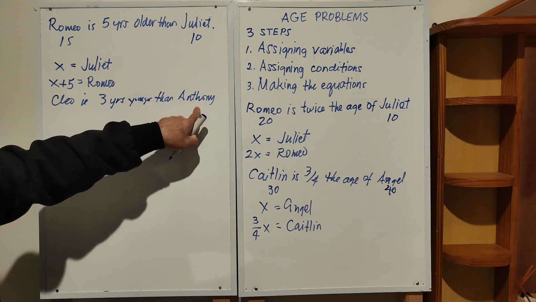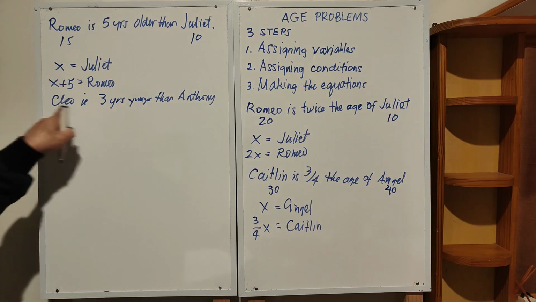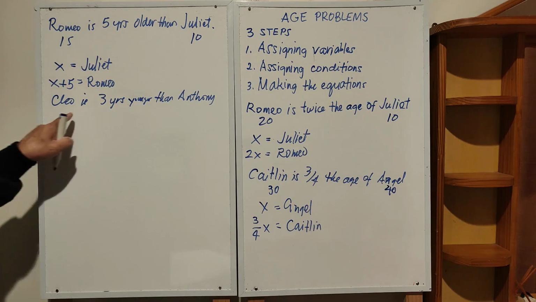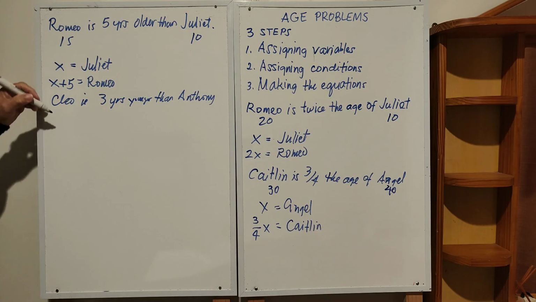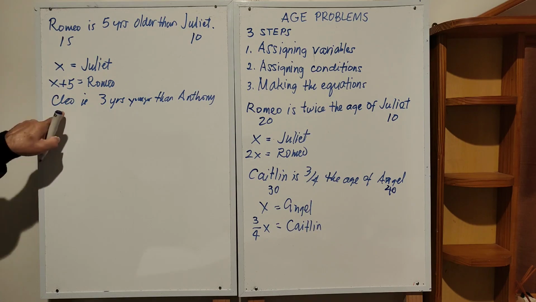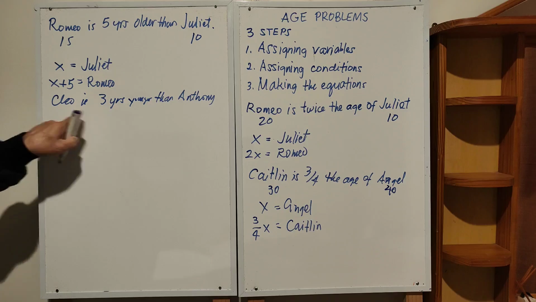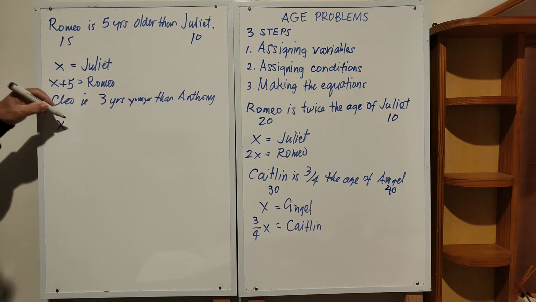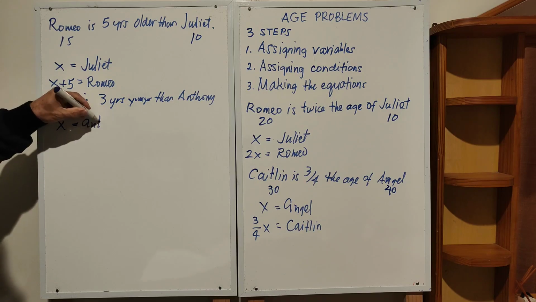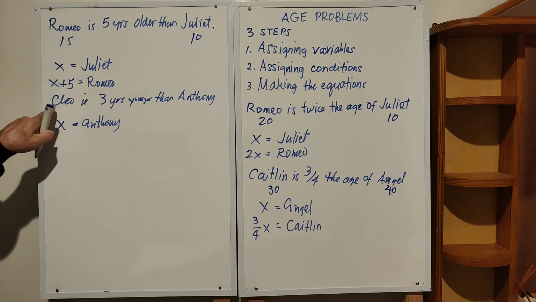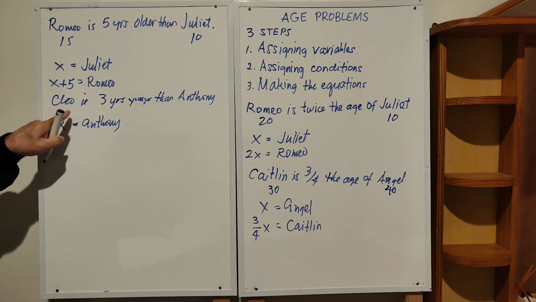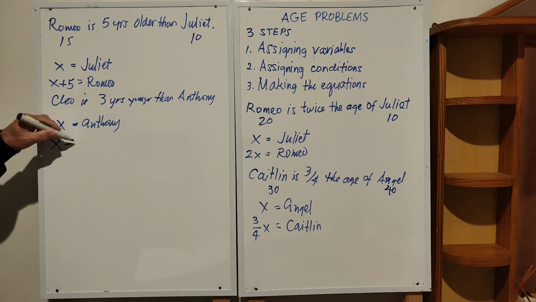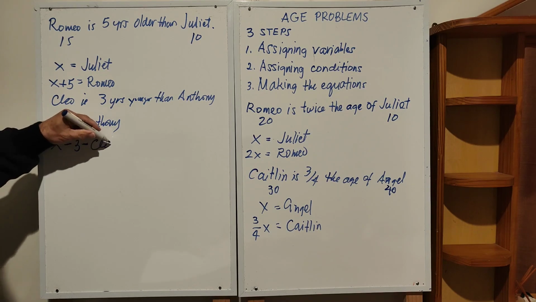So Anthony is older because Cleo is 3 years younger. So I prefer, you can use Anthony as X. If X is Anthony and Cleo is 3 years younger, so you write X minus 3. This is Cleo.